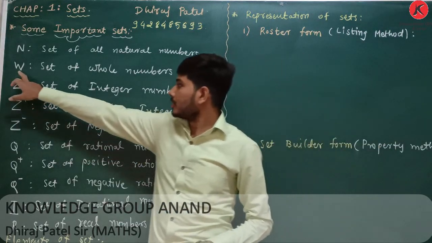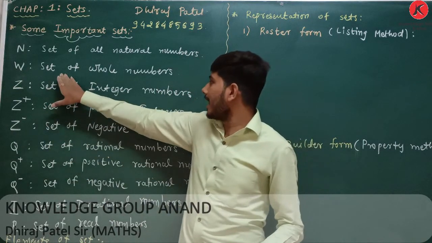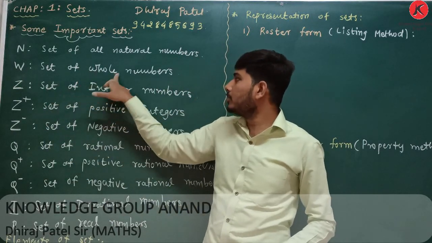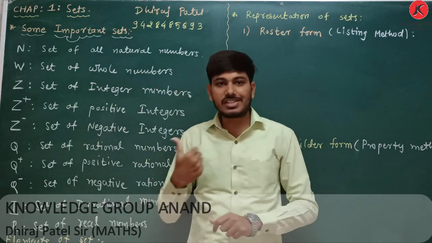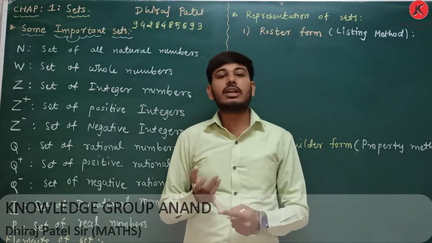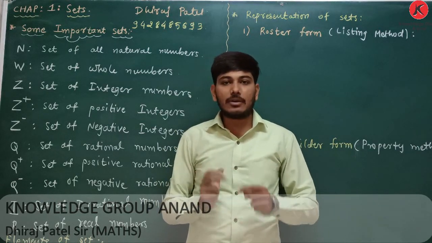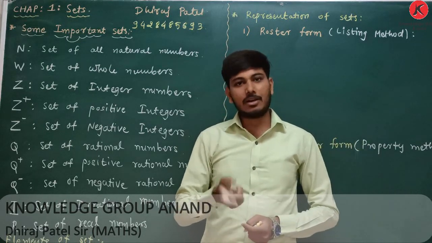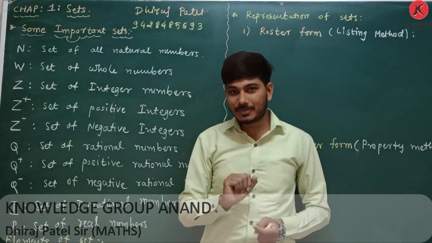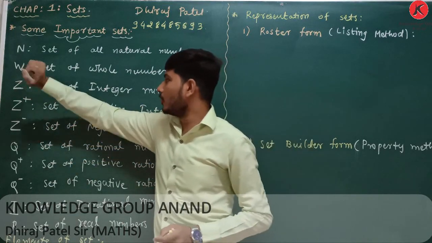Same as W. We know that W is the set of whole numbers. Which are the whole numbers? 0, 1, 2, 3, 4, 5, 6 up to infinity. All natural numbers including 0 are whole numbers.